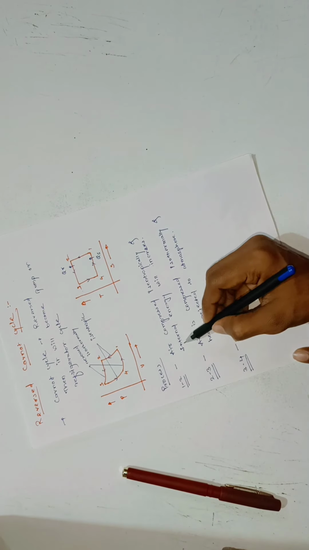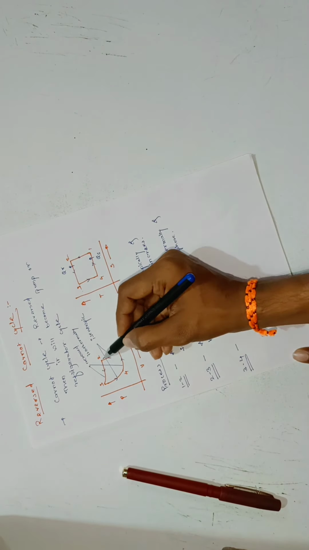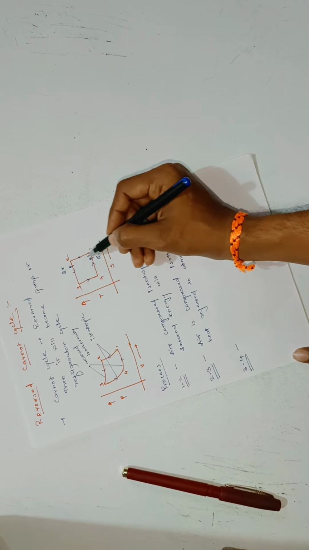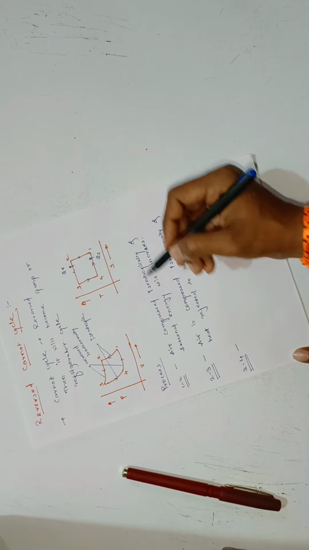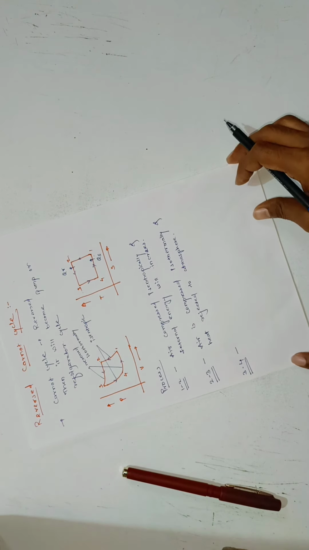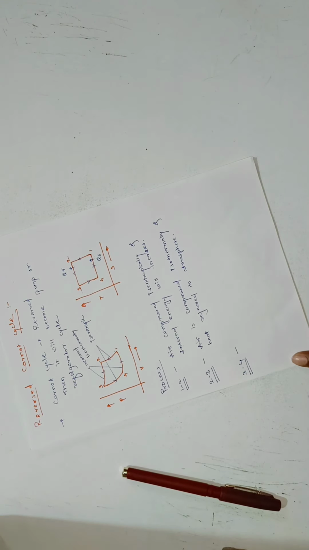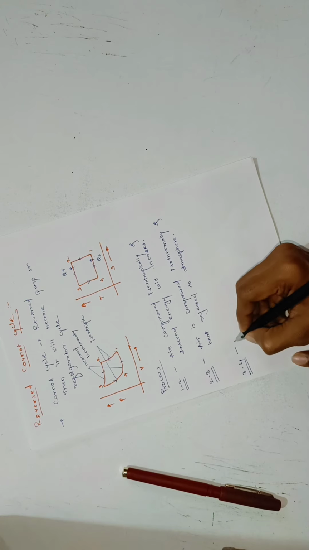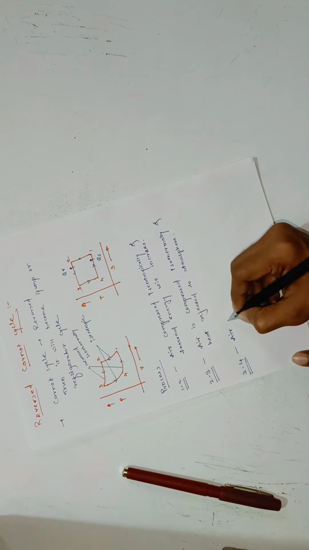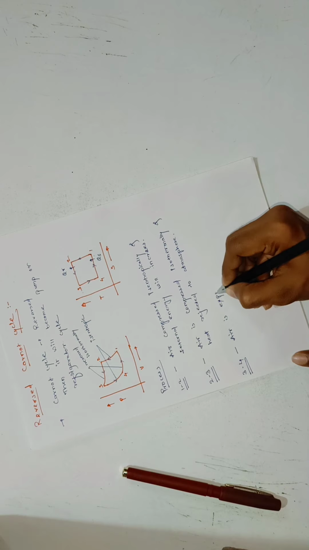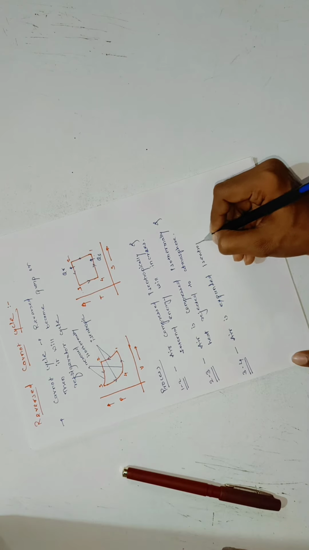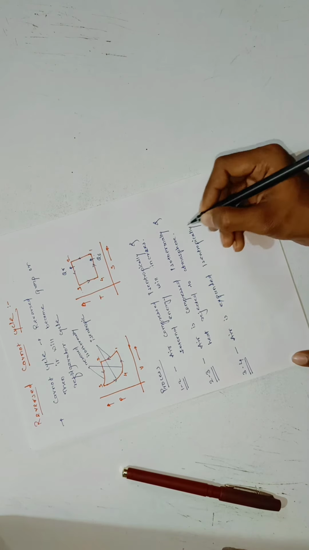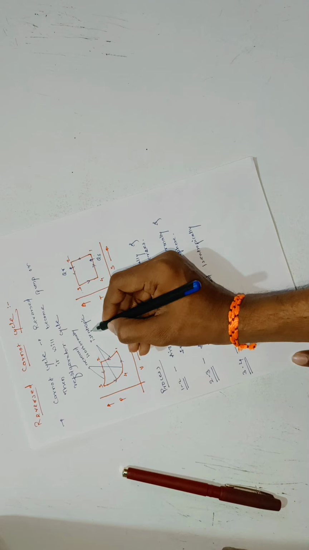Internal energy increases from 1 to 2. From 3 to 4, what will happen? The air is expanded isentropically, because these two processes are isentropic.